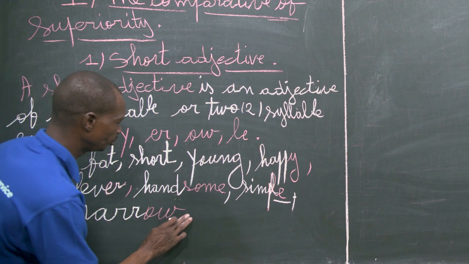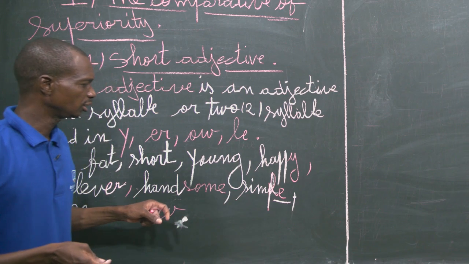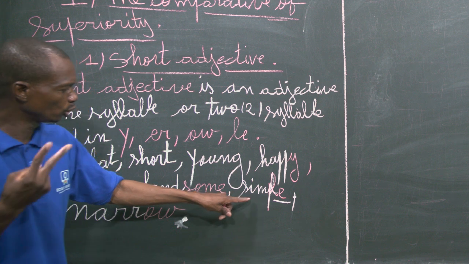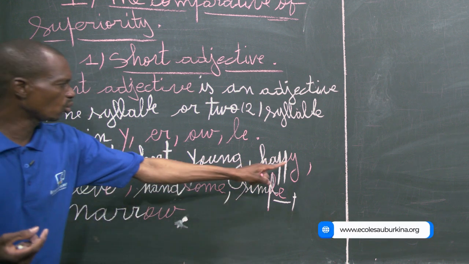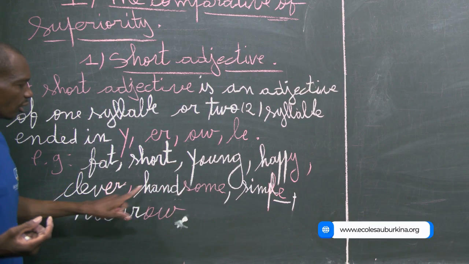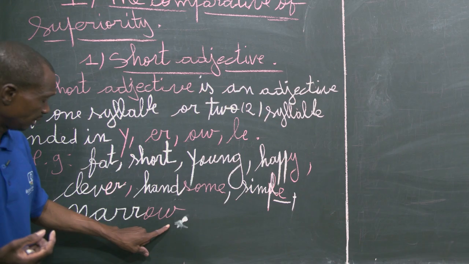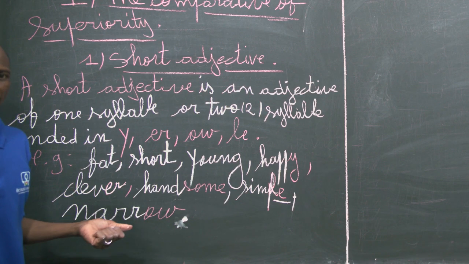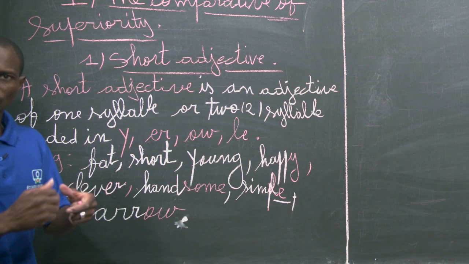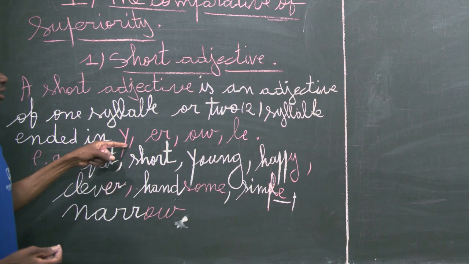But there are some long adjectives of two syllables that do not end in Y, ER, SOME, LE or OW, so they are long adjectives, for example rapid or equal.